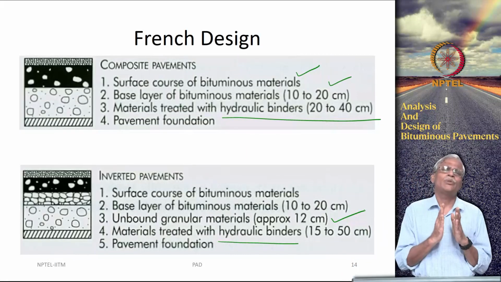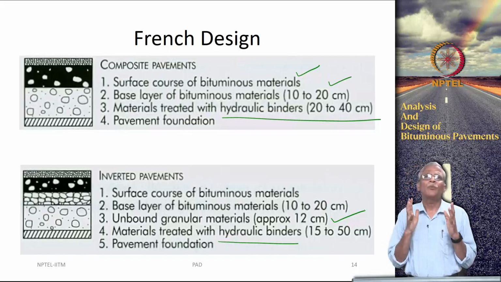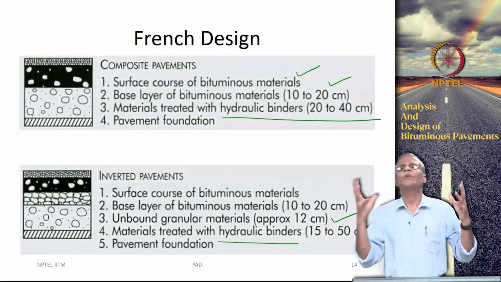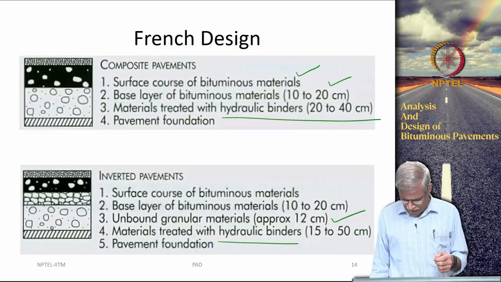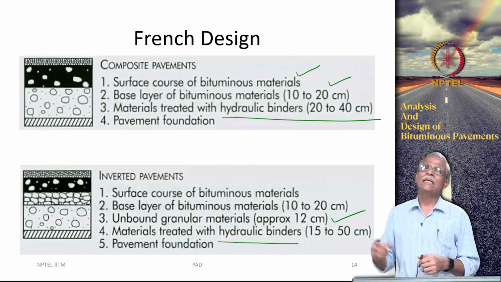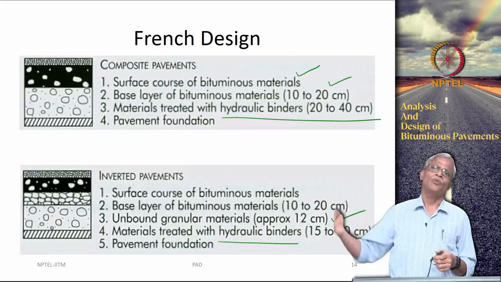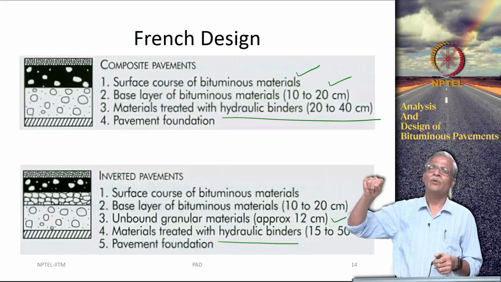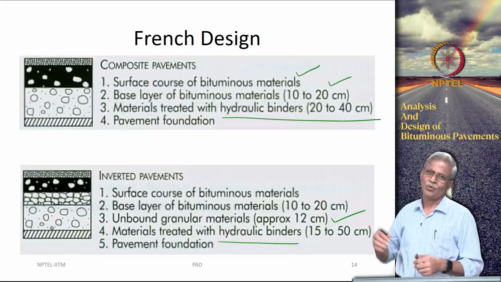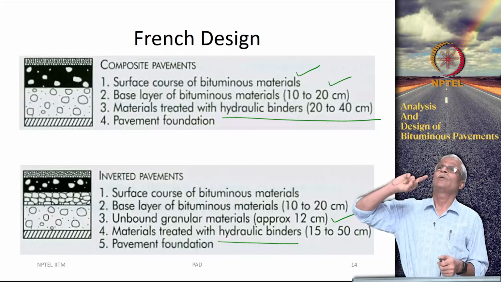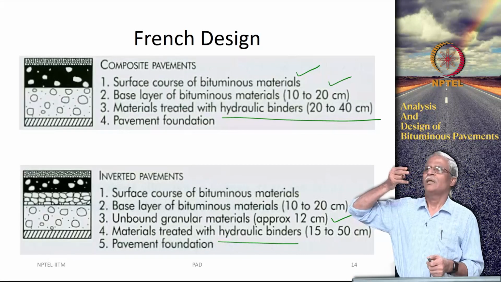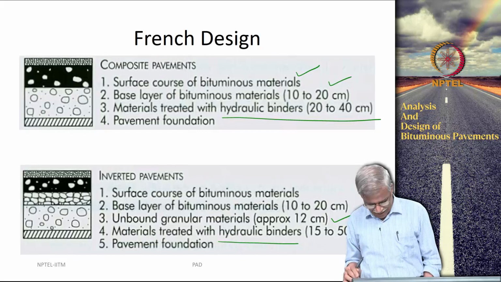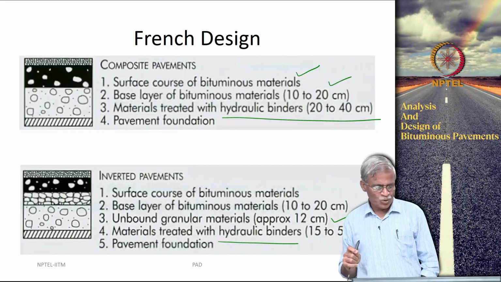Now, there are some issues related to computing the critical stresses and strain when you are using this kind of inverted pavement. Okay. It will become obvious as we go along, because the stress analysis procedure that you follow basically assumes that E1 is greater than or equal to E2, greater than or equal to E3, and so on. So, sometimes when the modulus value of the bottom layer is slightly more than that of the top layer, you might have some interesting scenarios, we will see.